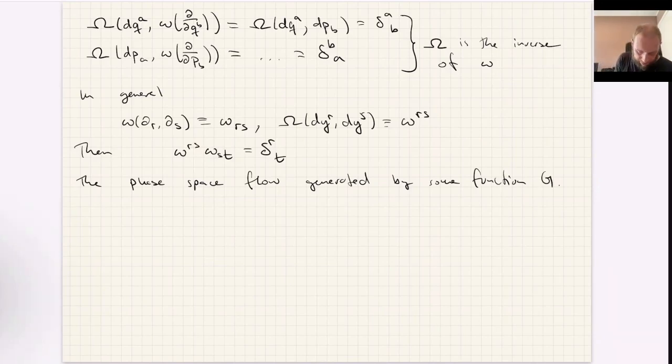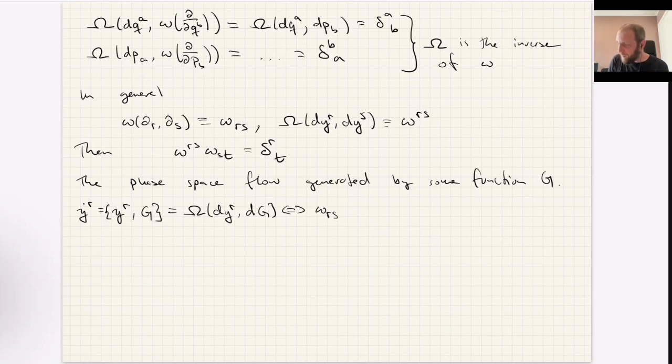So if I write this down, y dot r was by definition the Poisson commutator of yr with g, right? But this, we saw, was omega of dyr, dg. So this is now equivalent to omega rs y dot s, equal to the rg. This is just applying lowercase omega to both sides.